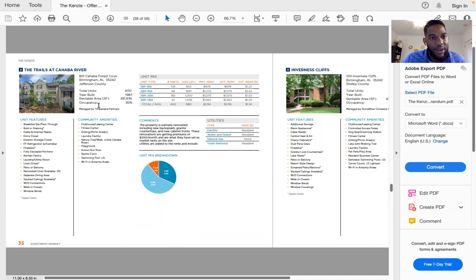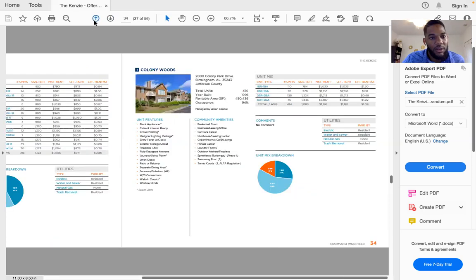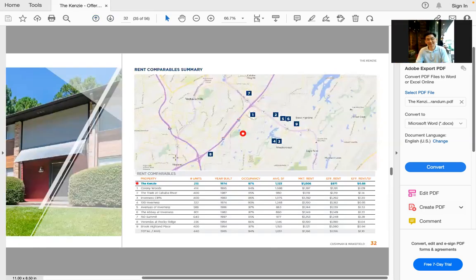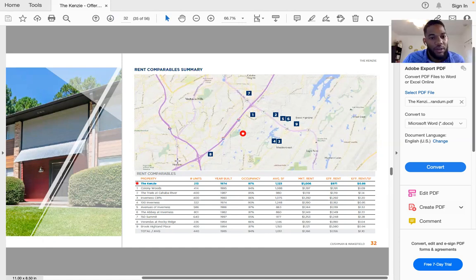You said page 35? Yeah, 35. Is this the right one? What you were looking at right here? Yeah, right there. Okay. So the subject property is at the top, built in 74, and then number 4 is also built during the same year.